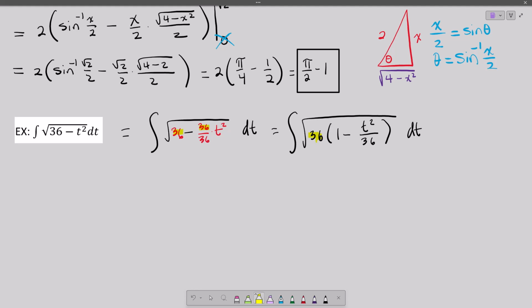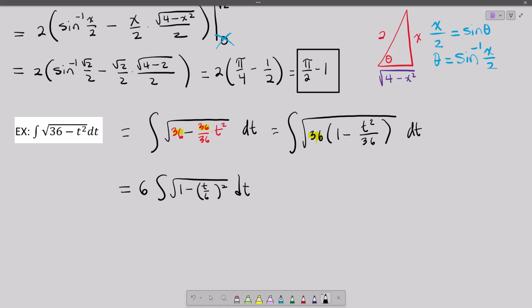And then you're going to have a 6 as the coefficient in front of the integral. So 6. And then we want to make this into a single term that's squared. So it's going to be t over 6 quantity squared.